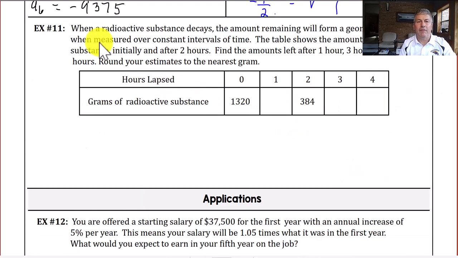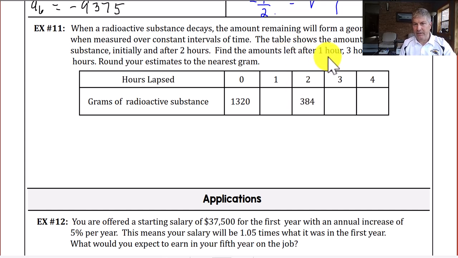In sample 11, we've got a radioactive substance that decays. The amount remaining will form a geometric sequence when measured over constant intervals of time. So the table, incomplete as it is, shows the amount of unknown substance initially and after 2 hours.